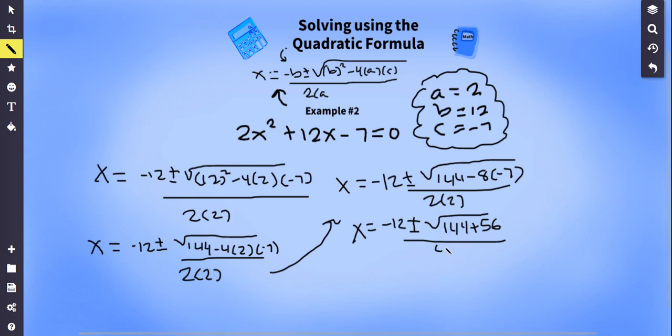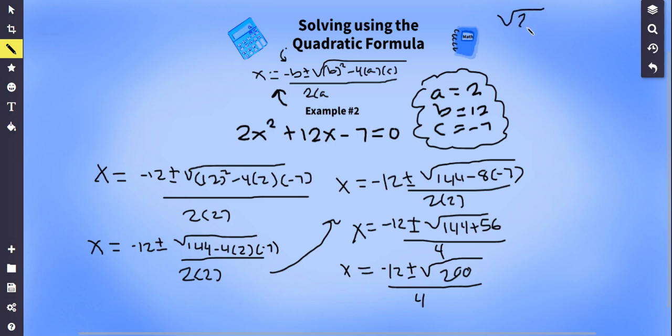And now we can add the numbers under the square root sign. 144 plus 56 is 200 over 4. Since 200 doesn't have a perfect square root like 64 or 81, we have to factor out the 200, kind of like we did in the last one.